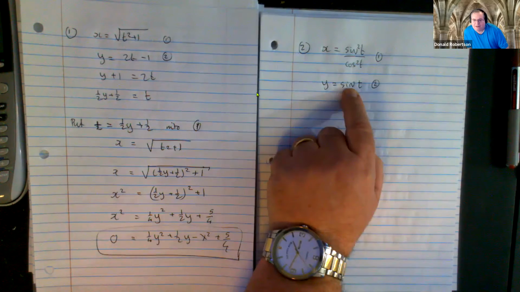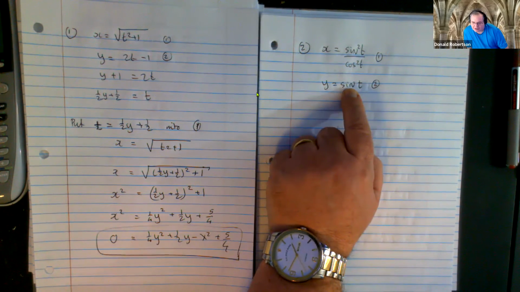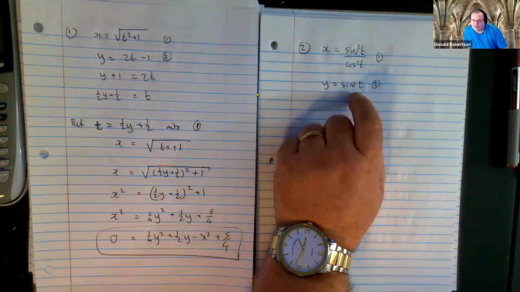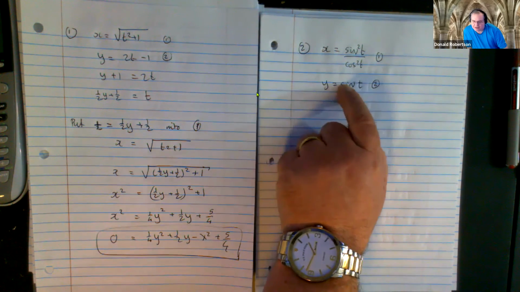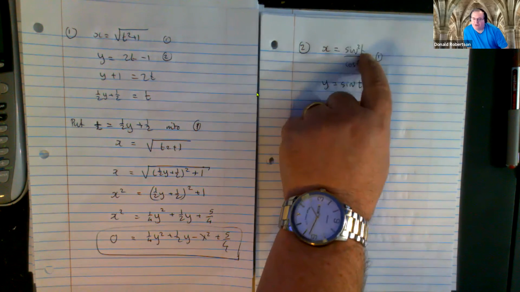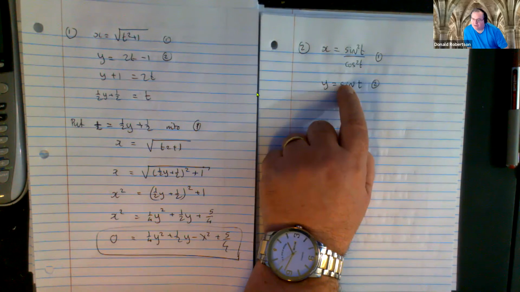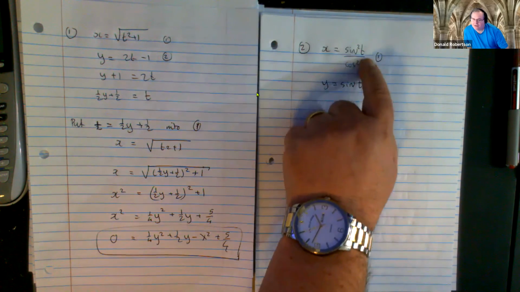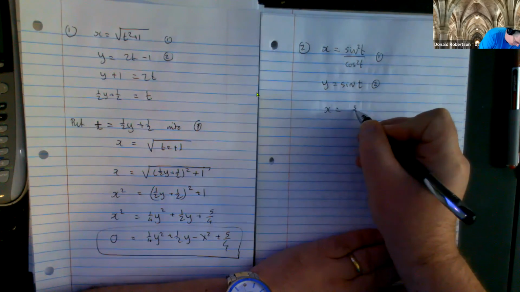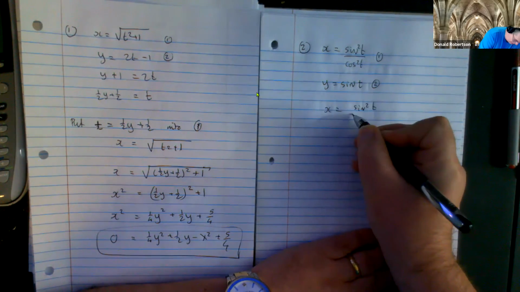Right. A very ugly one. What I would do in this question, I'd say, okay, since this is such a nice thing, wouldn't it be a good idea to turn all of this into nothing but sines? So I'm going to focus on sine squared t.